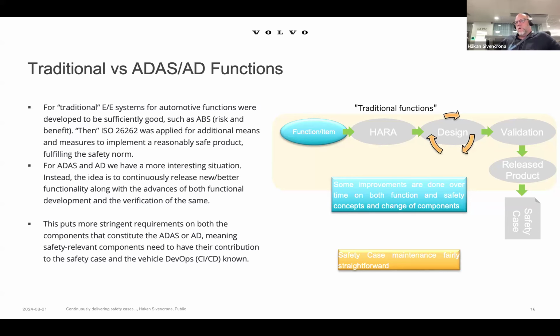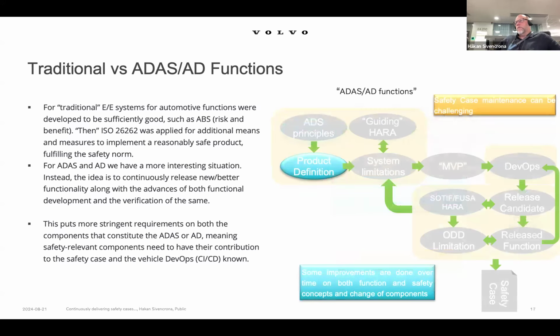But for ADAS, we would like to release new functionality all the time. Here we have DevOps with a lot of components, getting better and better functionality. What happens if I can see farther?